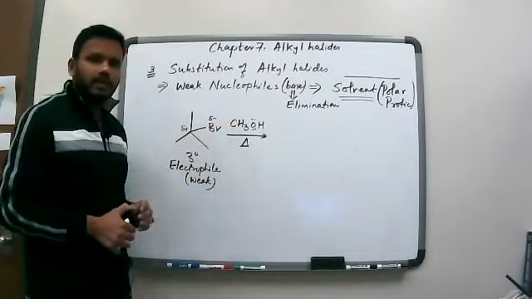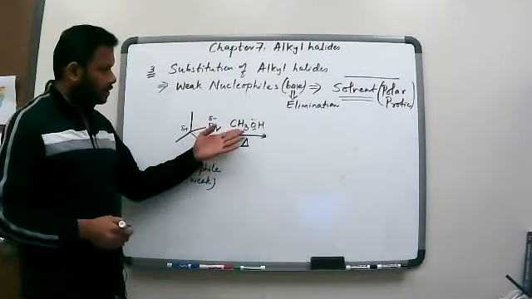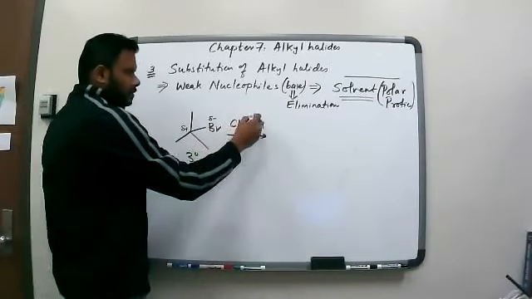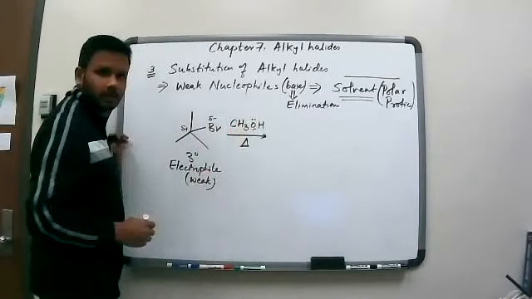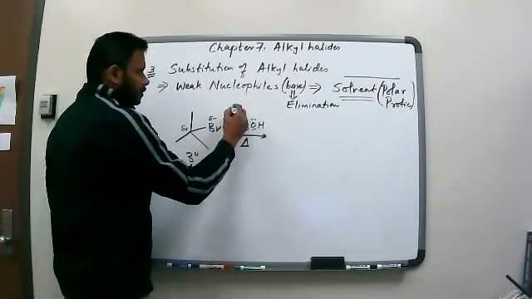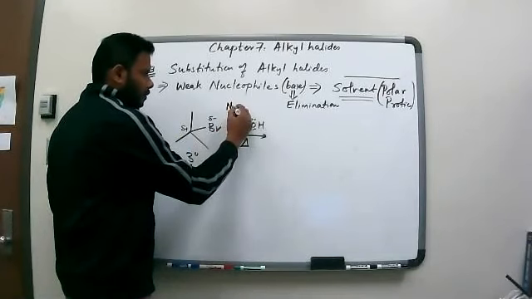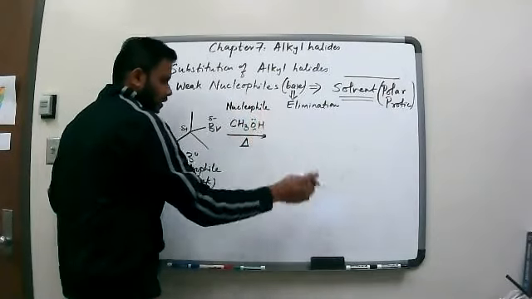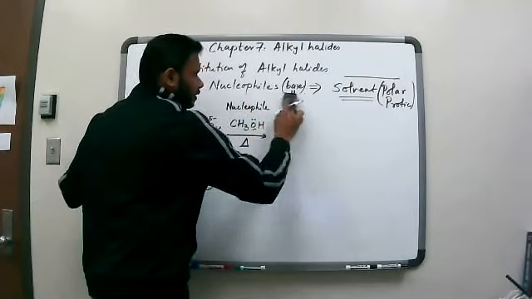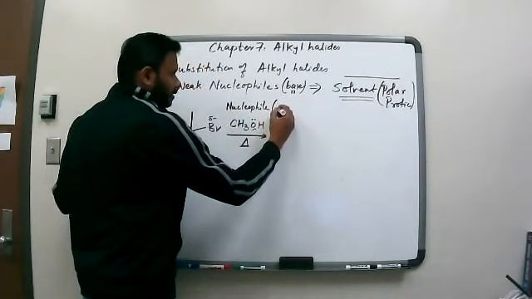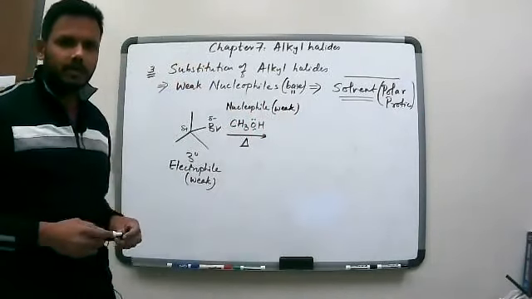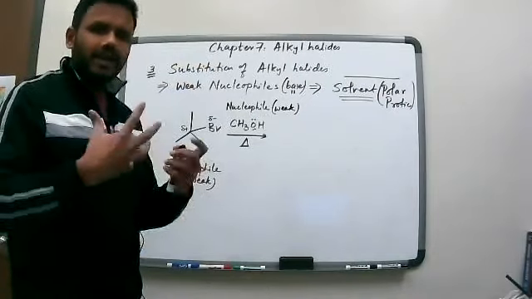Methanol, the solvent that we are using, can serve as a nucleophile because it has this oxygen with lone pairs. But realize that this is a weak nucleophile because it does not have a negative charge on it.